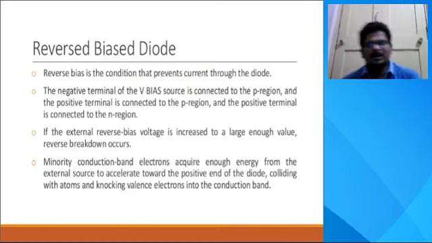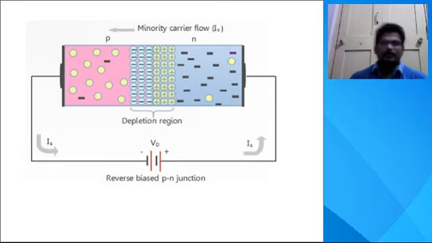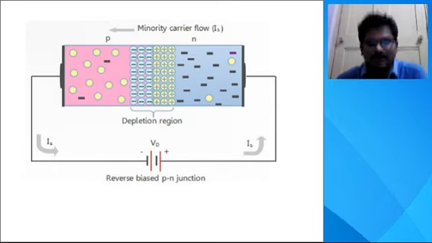So reverse bias is completely opposite to the forward bias conditions. Here we are connecting the p-type semiconducting material to the negative terminal of your applied bias voltage, and the n-type semiconducting material is connected to the positive of your applied bias voltage.